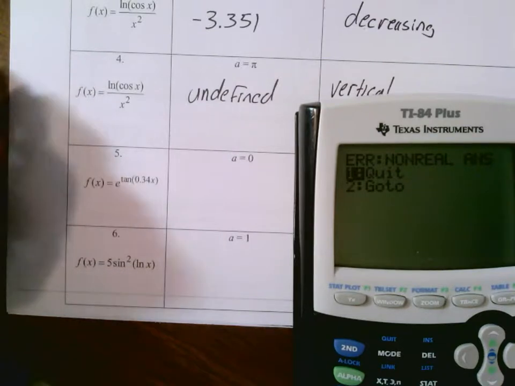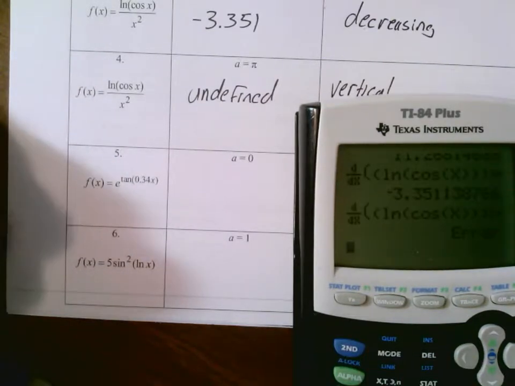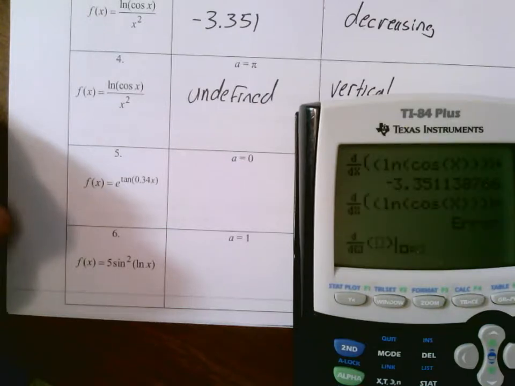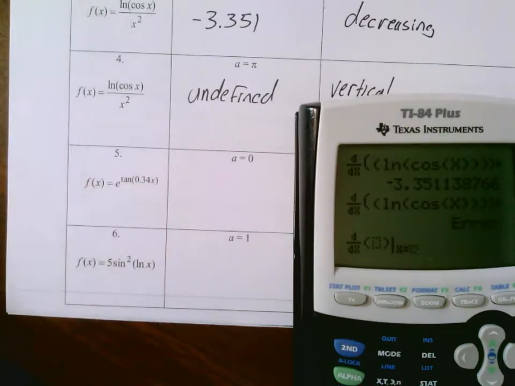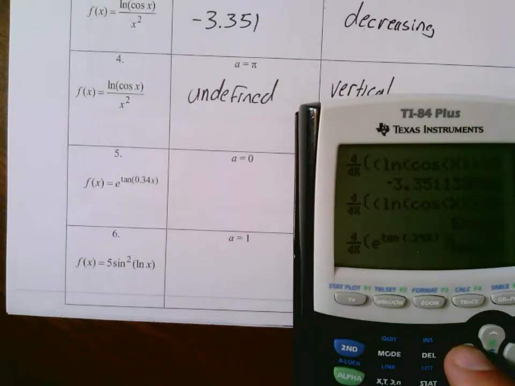Next problem. New function. So we'll go math 8, derivative with respect to x of e to the tangent of 0.34x as x approaches 0.